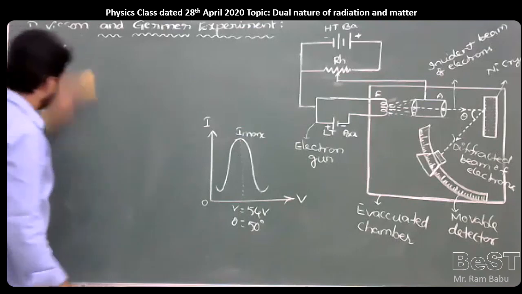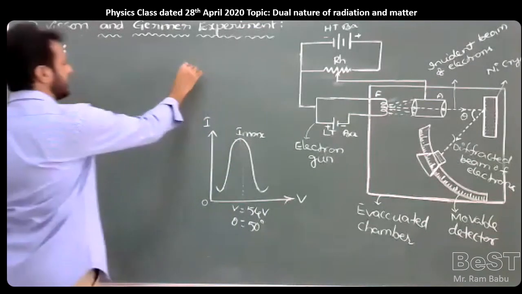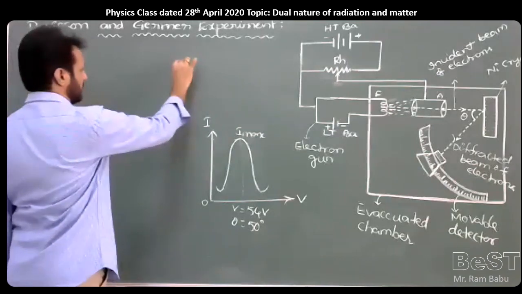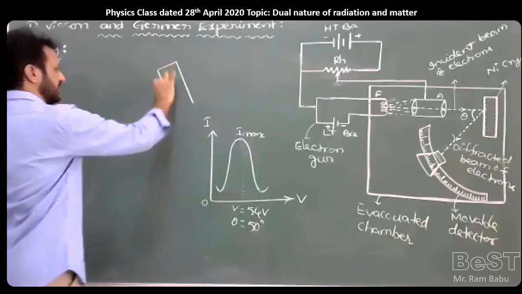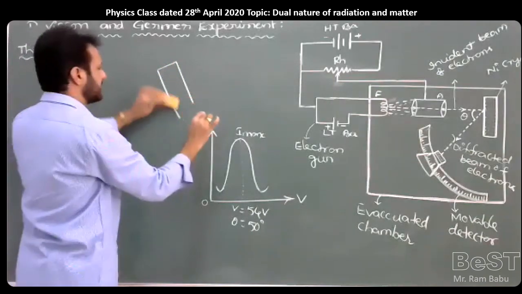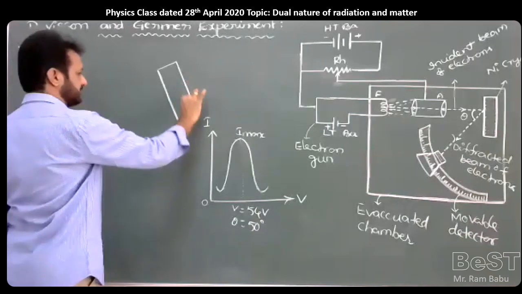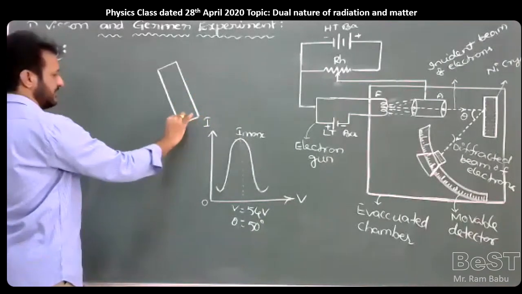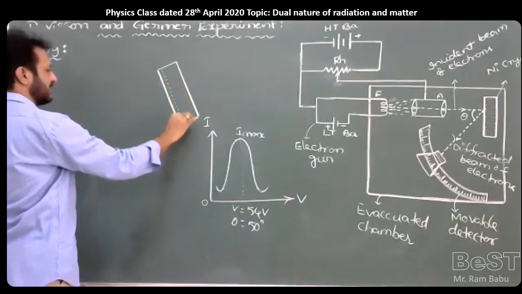From the experiment, I'll take a nickel crystal here. It is the nickel crystal, which contains a large number of atoms arranged in a particular order. This is the arrangement of the atoms in the nickel crystal.